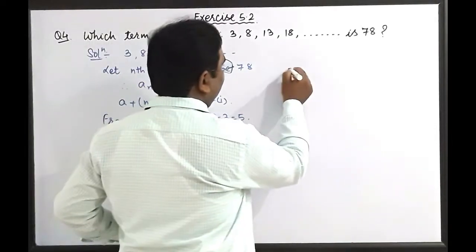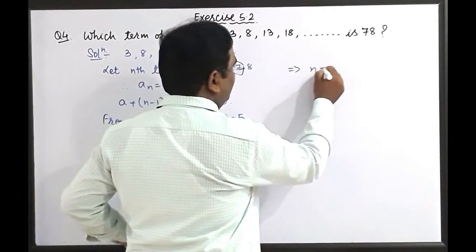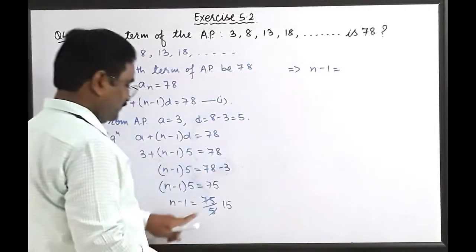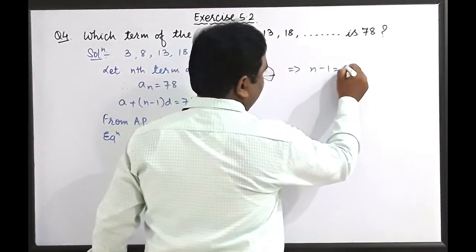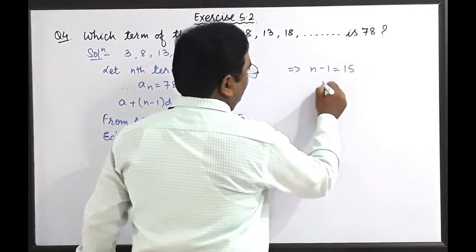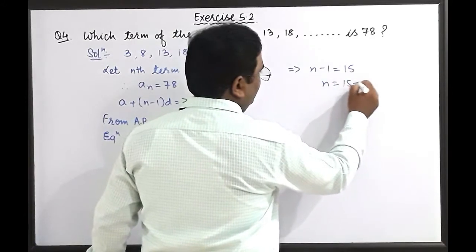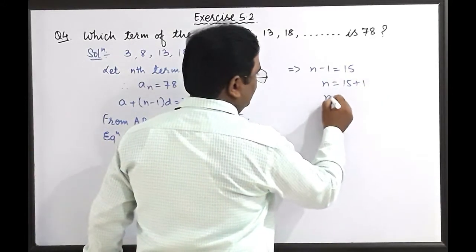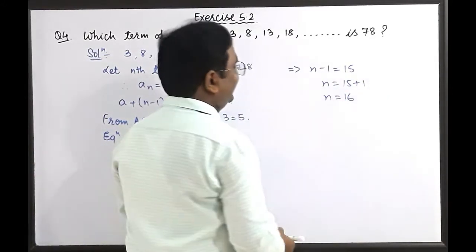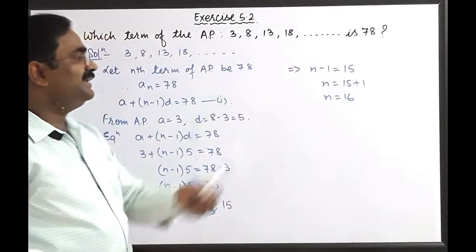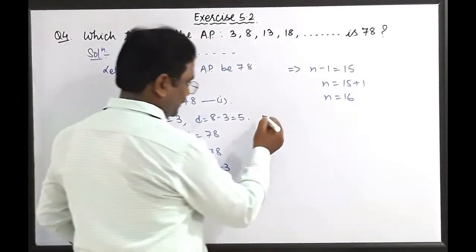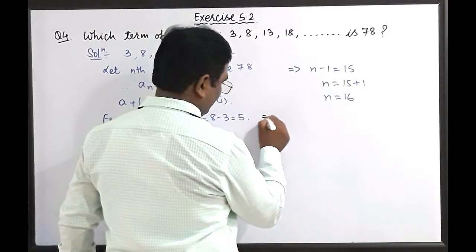Therefore n minus 1 equals 15, you got. Therefore n is equal to 15 plus 1, it is 16. It means this 78 is the 16th term of this AP, therefore your answer came.